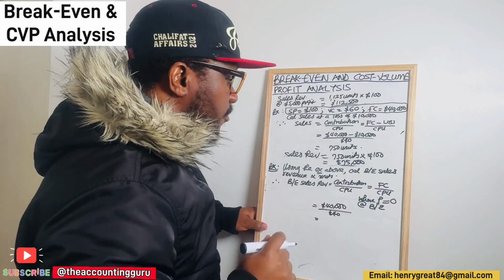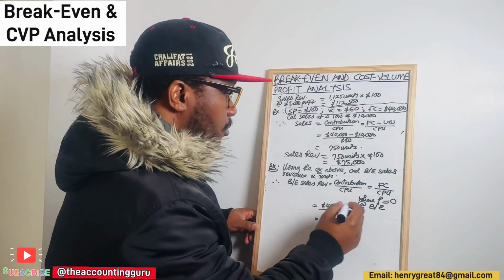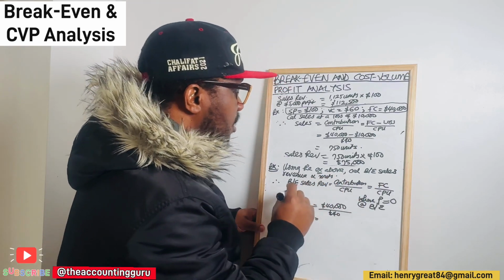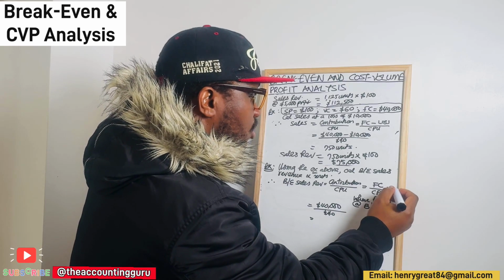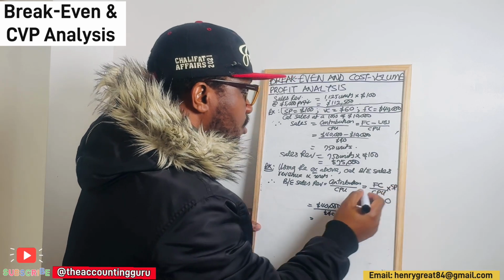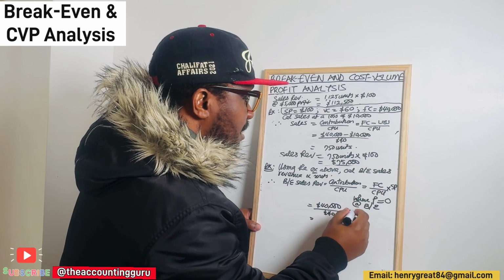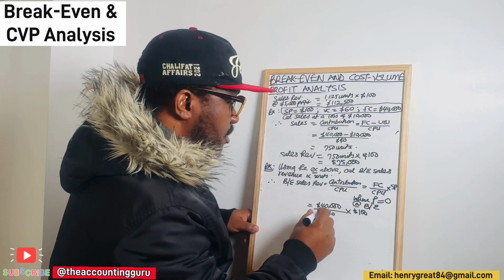Therefore, what will be the sales? Since we are looking at sales revenue, do not forget that once it is sales revenue you are calculating, you have to multiply by selling price per unit. Multiply by selling price per unit, which is what? $100. Correct.